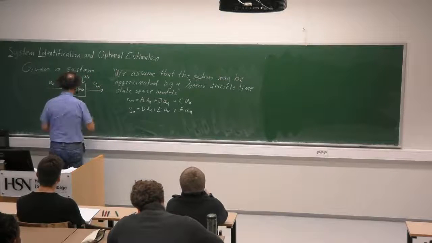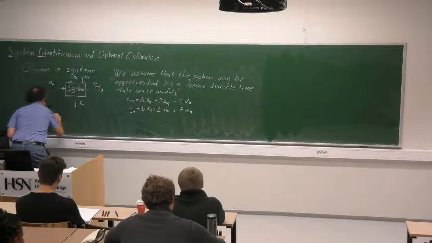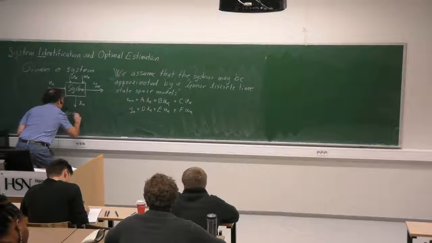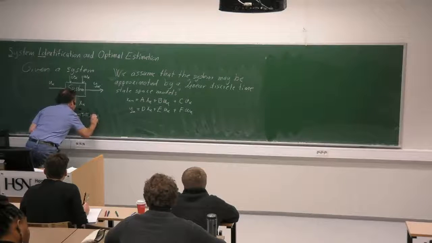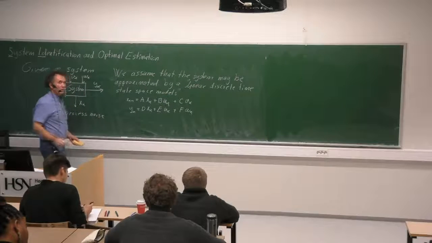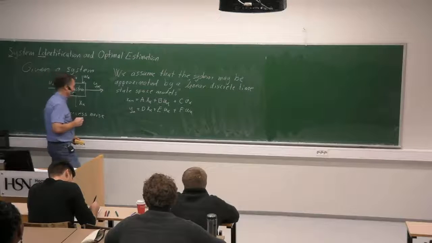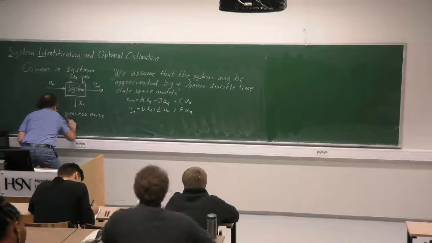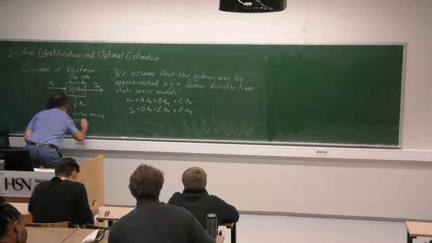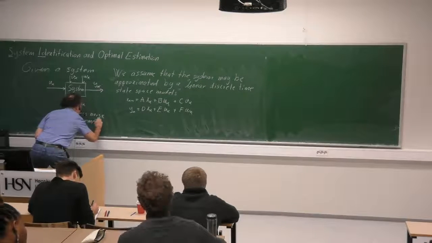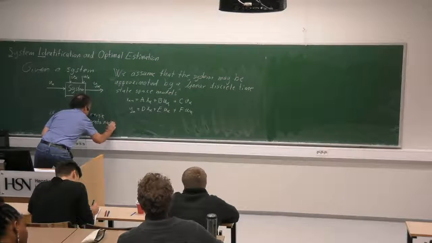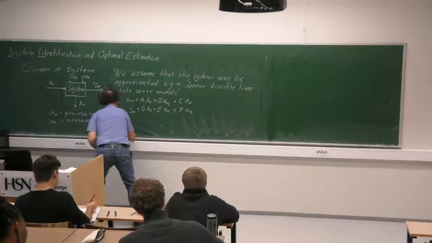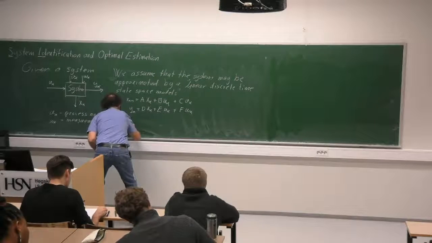But I can maybe write here that v_k is process noise, and the noise variables are unknown. And w_k, measurement noise. Those noise processes are usually unknown. I simply write unknown.